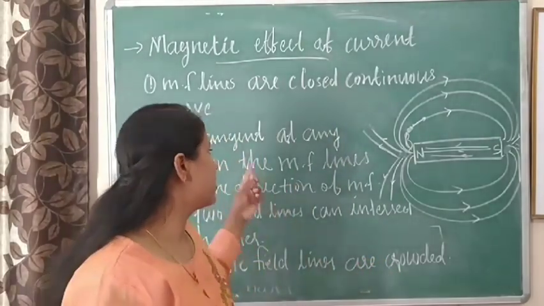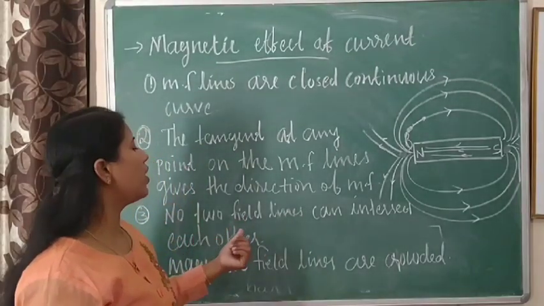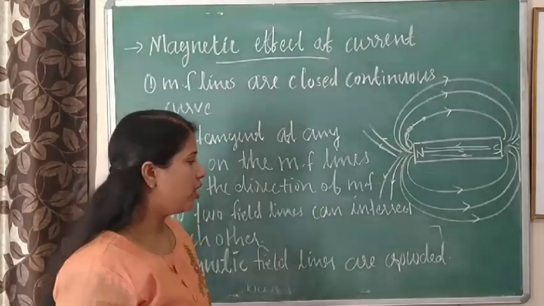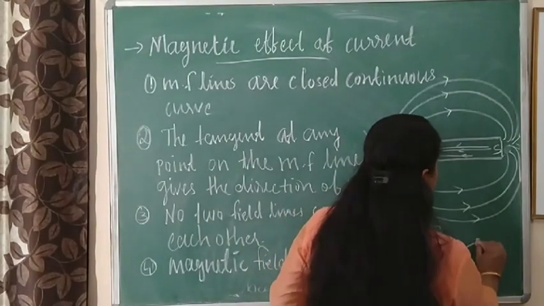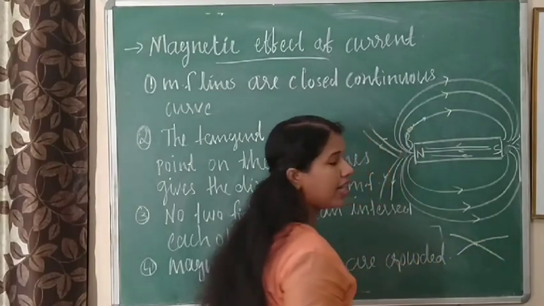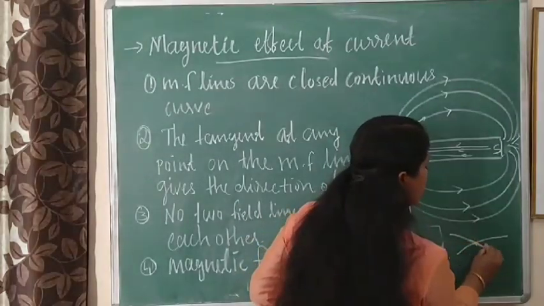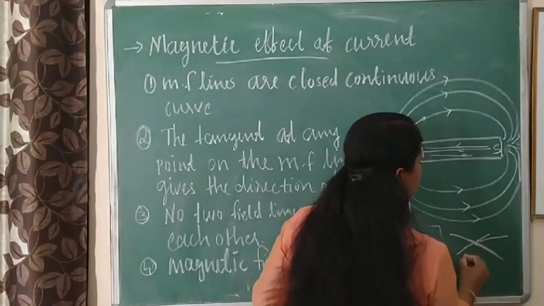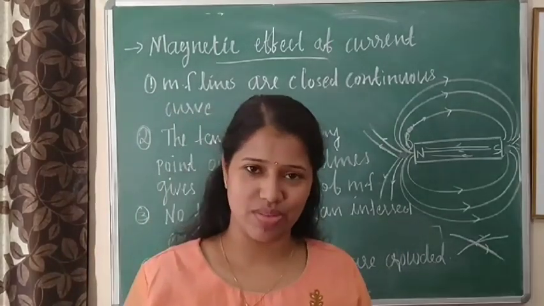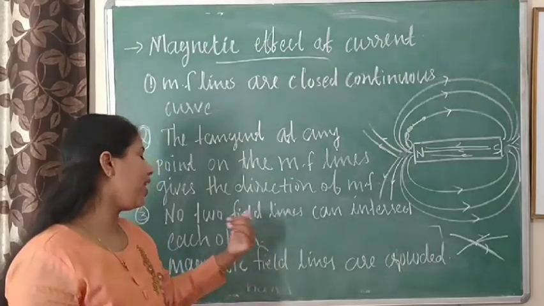Third one is, no two field lines can intersect each other. If first field line goes like this and second like this, and they intersect, then at that point we would get two directions. That is not possible. So no two field lines can intersect.